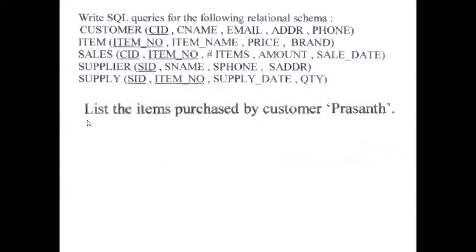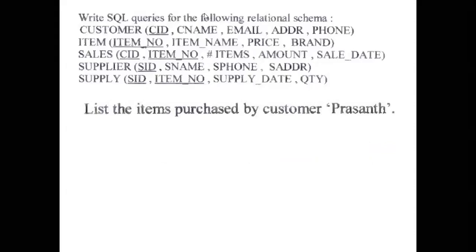First one, list the items purchased by the customer Prashant. When we look at a statement like this, we must identify in which tables the details required to write this query are present. First, the detail that we need is the customer name, that is Prashant. Customer name is present in which table? We can get this detail from the customer table, right?